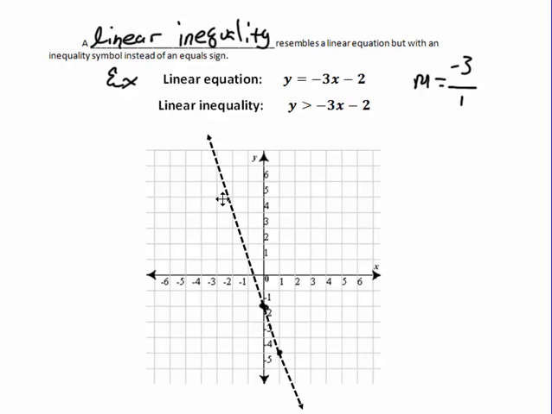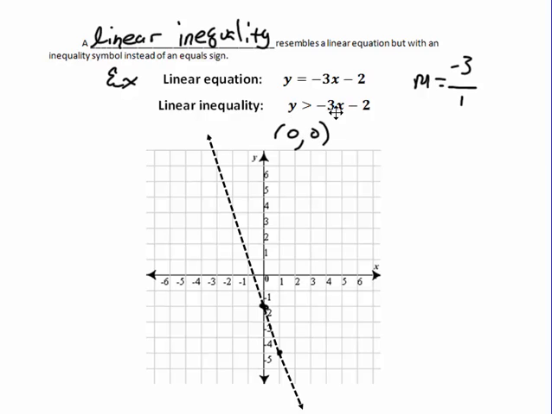Okay, so now we have our dashed line. And now I need to use a test point. I want to use a test point to find out if I should shade on this side or on this side over here. The easiest test point to use is the origin. So we're going to try the point 0, 0.